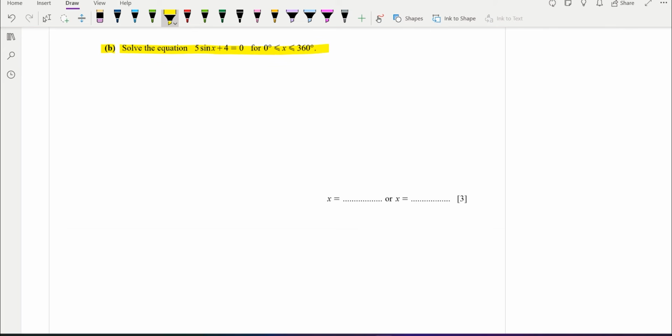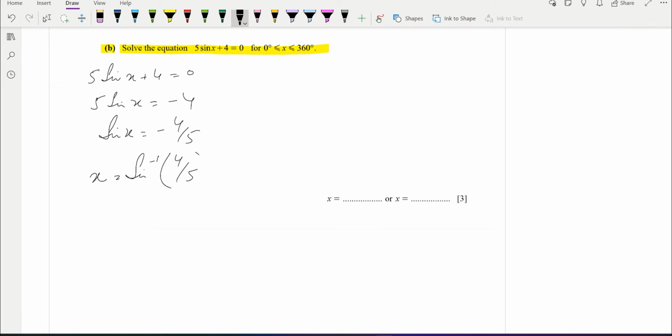B part, solve the equation. This equation is given from 0 to 360, so we can take 5 sine x plus 4 equal to 0, and we can shift 4 to the other side, so 5 sine x is equal to -4. So sine x is equal to -4 by 5, and x is equal to sine inverse of -4 over 5.